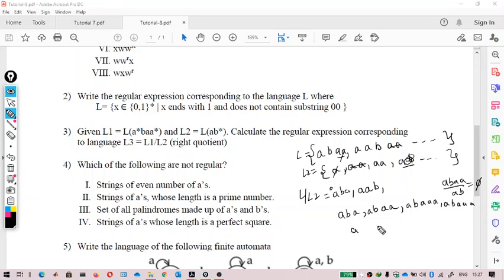Now if I write the language corresponding to that, it will be AA, AA, AA. So it will be AB, and it will minus this one, and the three zeros can minus this.